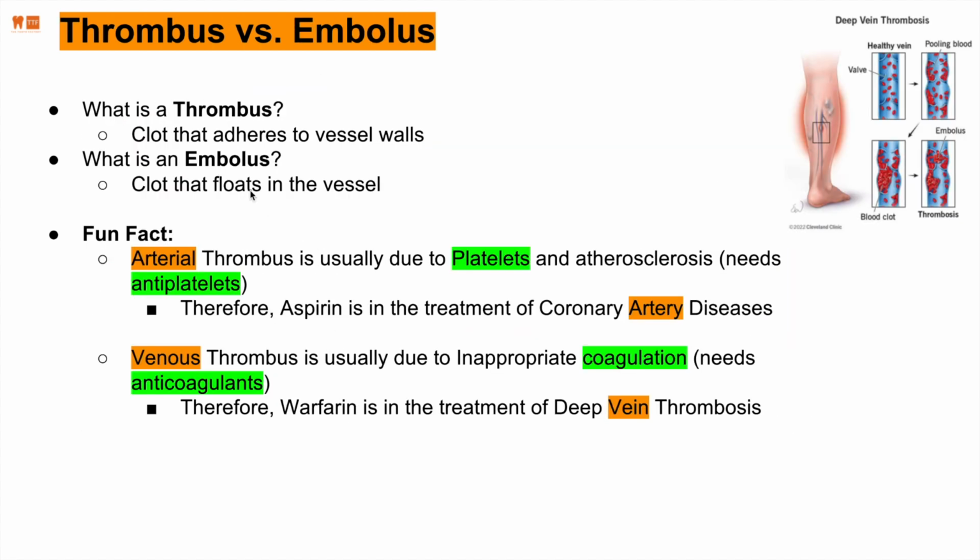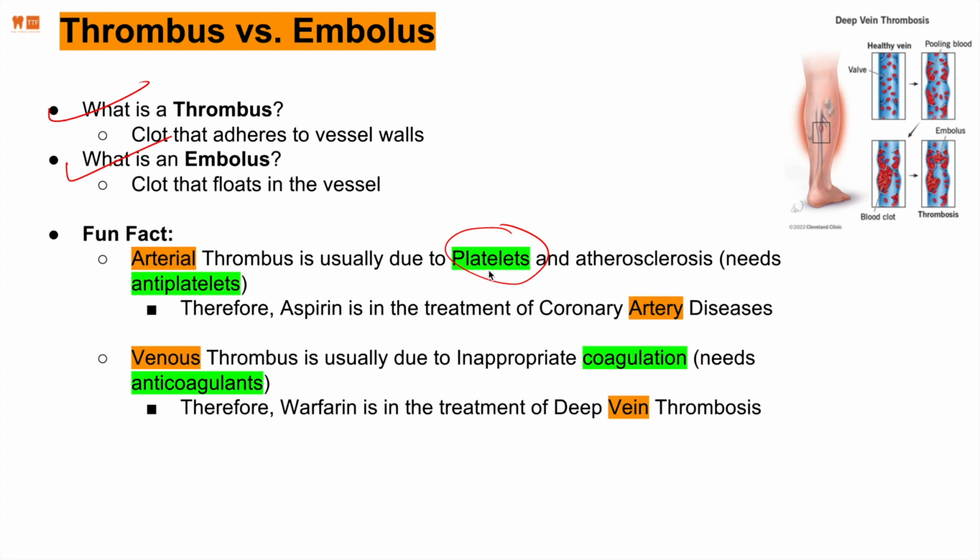All right, moving slightly deeper. A thrombus is a clot that adheres to the vessel wall. Okay, an embolus is the clot that floats. Fair enough? Perfect. Well, here's the fun fact. An arterial thrombus is usually due to platelets and atherosclerosis. It needs antiplatelets as treatments. Now, this sentence, let's break it down.